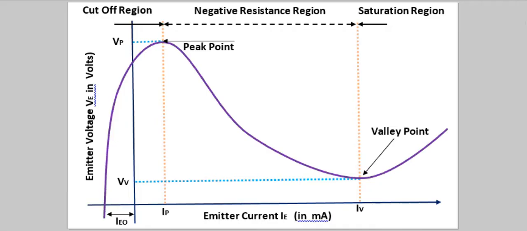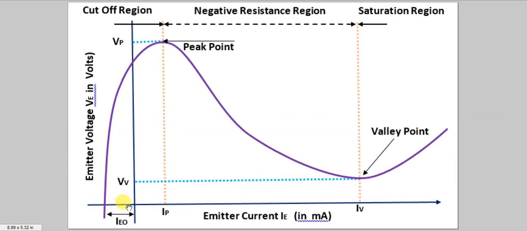Here is the UJT emitter current versus emitter voltage plot. When the voltage is low, we have IEO, which we call the leakage current, in the reverse bias mode.